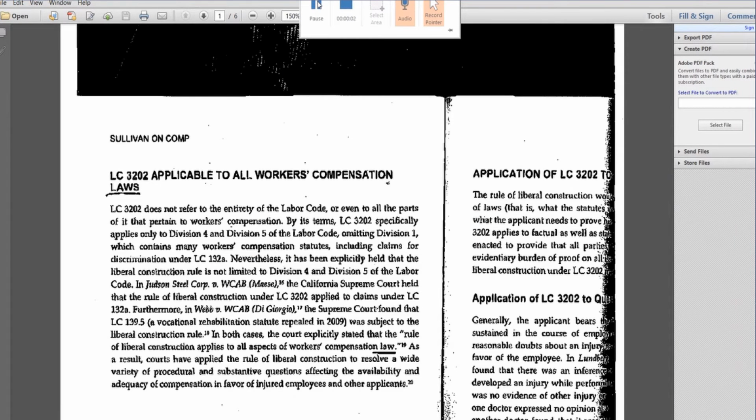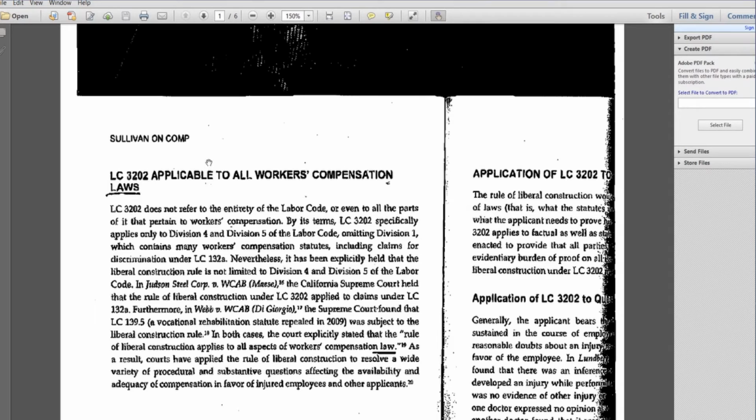Okay, what I want to read for you here are some citations from a notable writer and blogger on workers' compensation issues. I just want to review what he says and what he provides in terms of references, in terms of case law, as to how workers' compensation disputes are handled under Labor Code 3202, the liberal construction code.